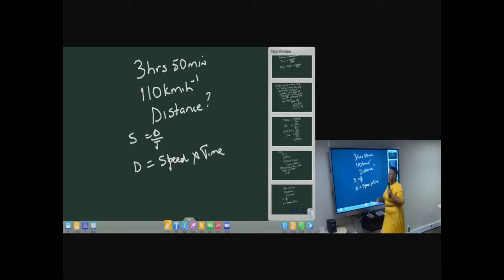Distance is speed multiplied by time. Traveling at 110 kilometers per hour, time 3 hours 50 minutes. Meaning now you cannot just do it as it is. You need first to change your minutes to hours.